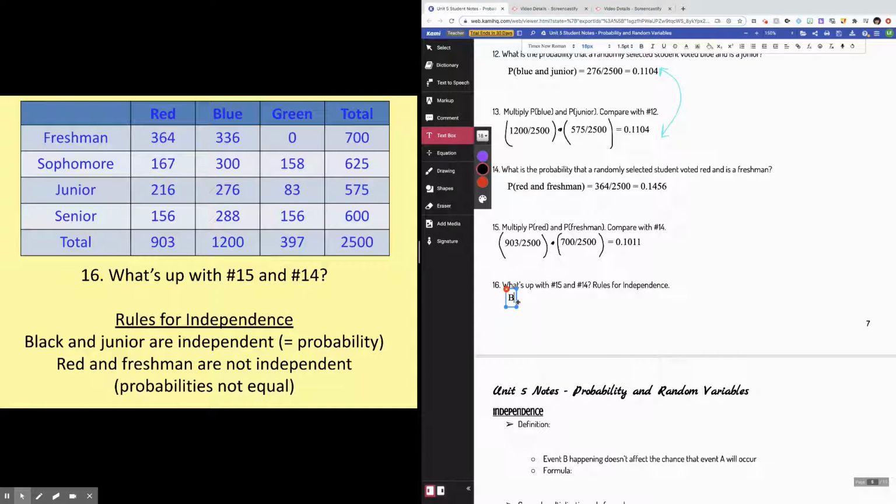The events blue and junior are independent, and the reason we know they're independent is because you got an equal probability for the and probability and the multiplied probabilities.